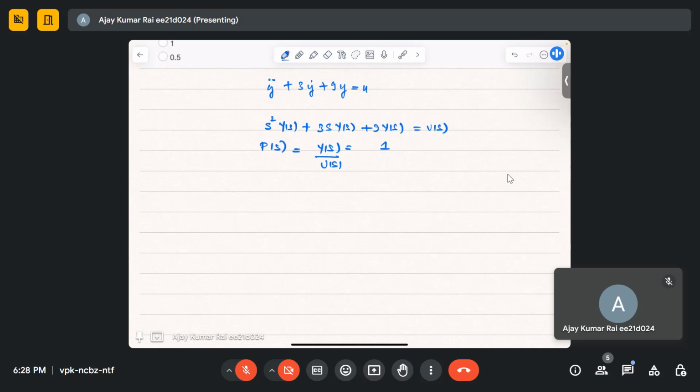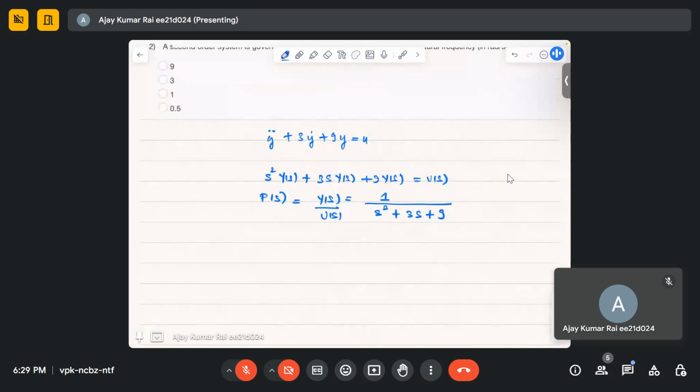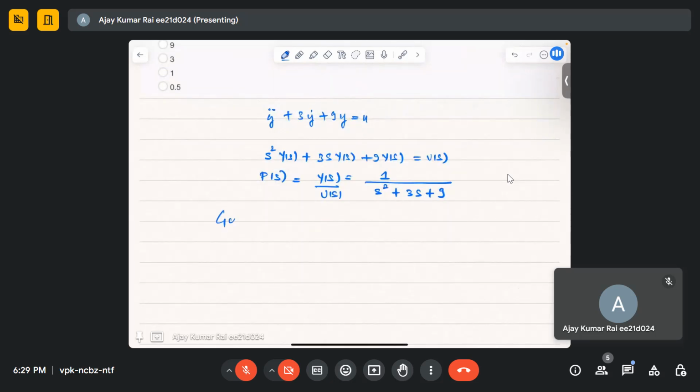This will be equal to 1 by s square plus 3s plus 9.